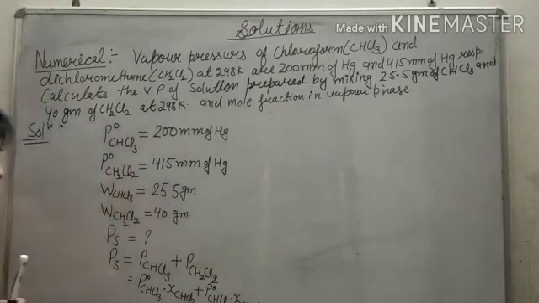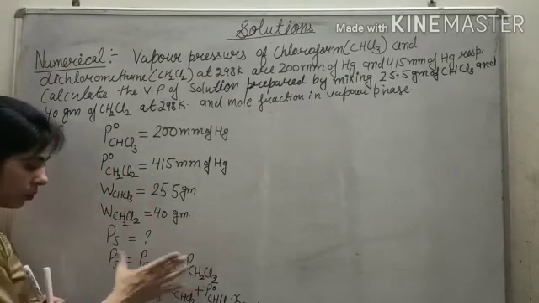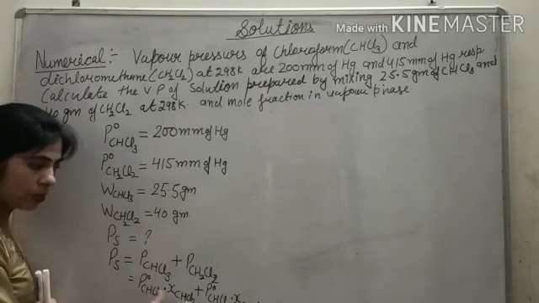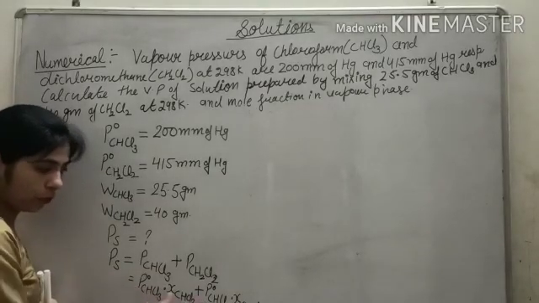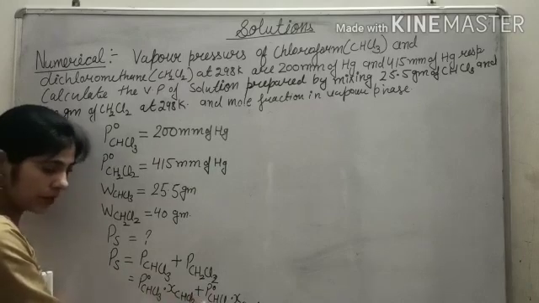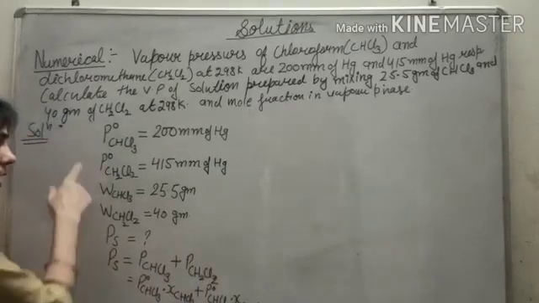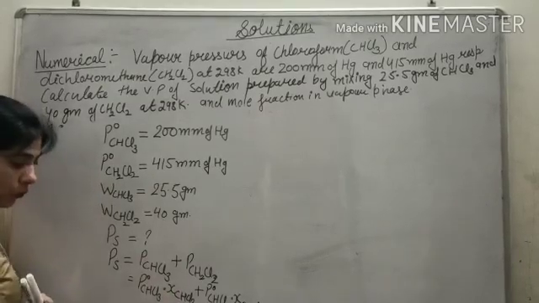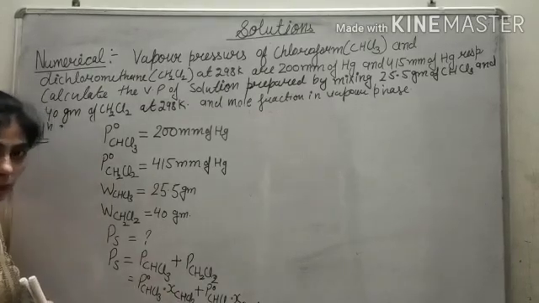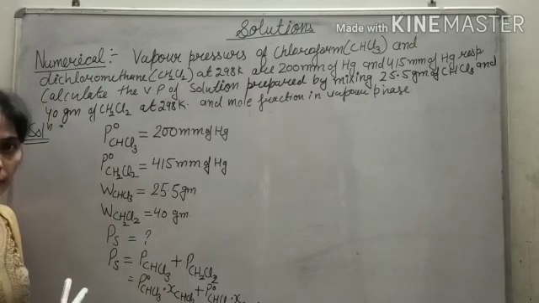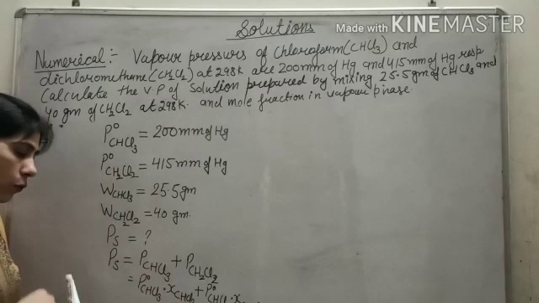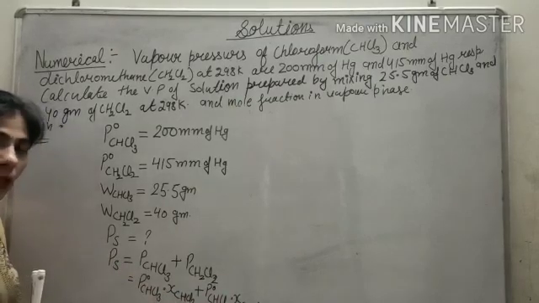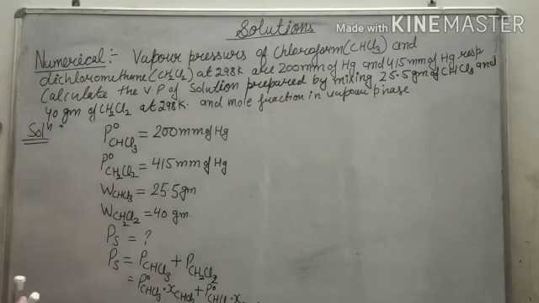Okay students, according to this formula, the vapor pressures of chloroform and dichloromethane in pure state are given to us, but the mole fractions of chloroform and dichloromethane are not given directly. So firstly we have to calculate the mole fractions.